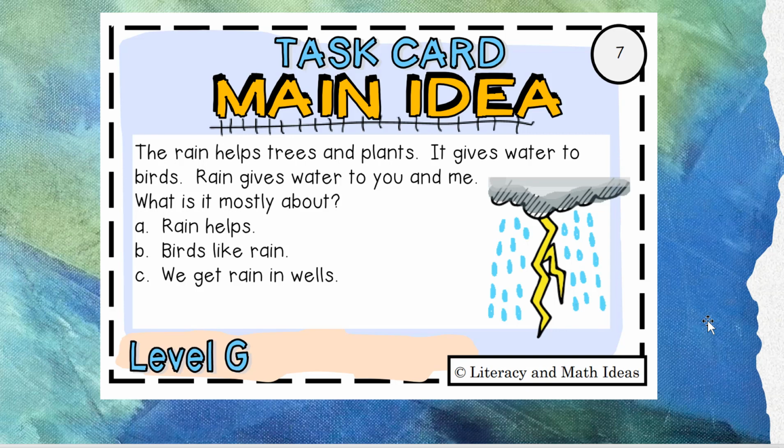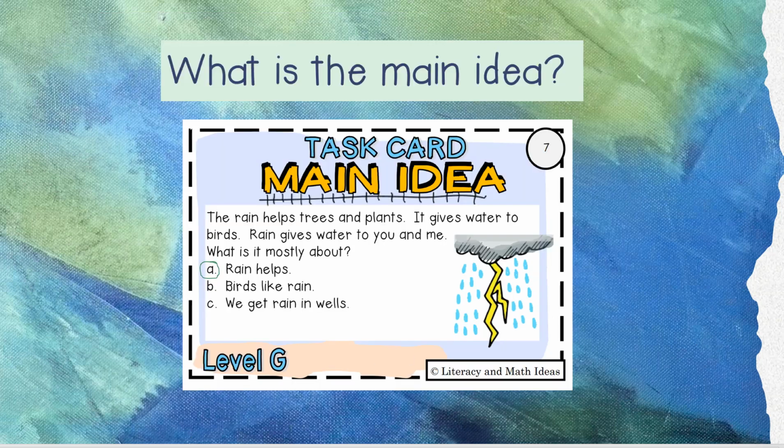None of the sentences tell us about rain being collected in a well, so we know this could not possibly be the main idea. So remember, when we look for the main idea, we're looking for the sentence that tells what it is mostly about, or sometimes it might be 2 sentences or even 3 sentences.